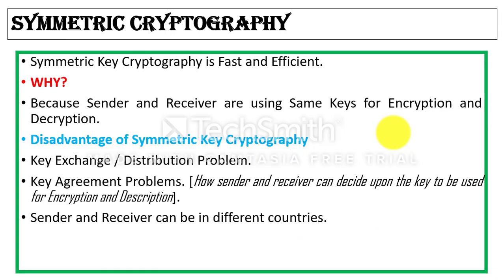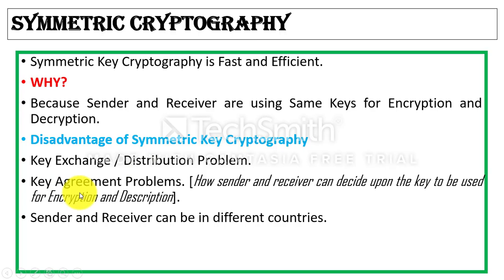But we have a disadvantage of symmetric key cryptography: a problem is faced during distribution of keys. In symmetric key cryptography, problem is faced by sender and receiver during key exchange and key agreement.